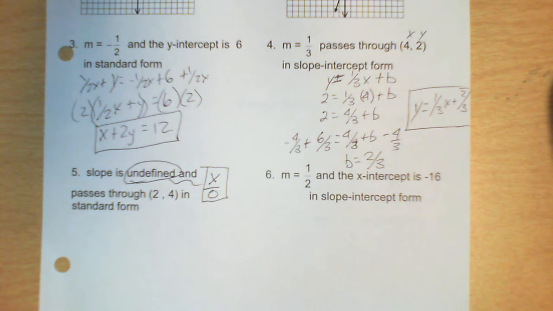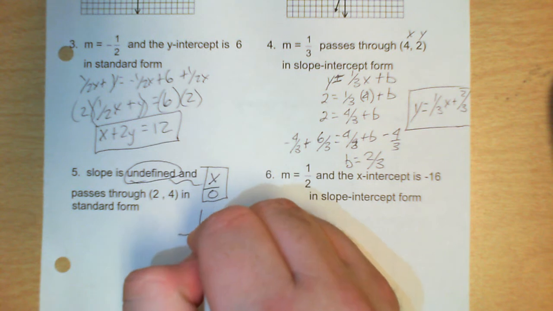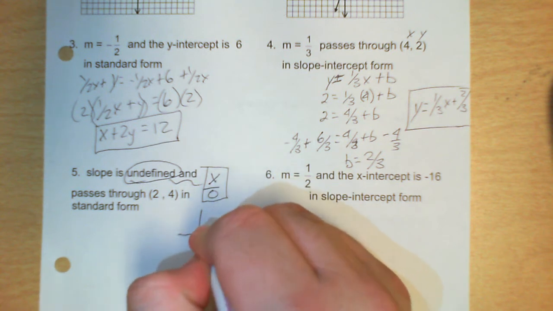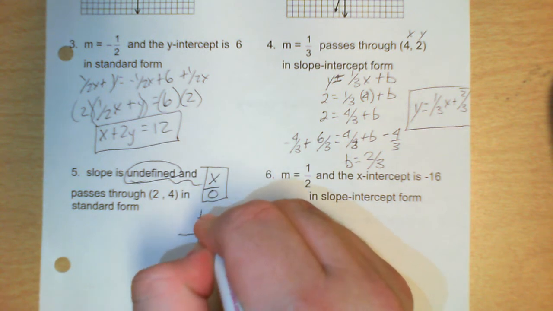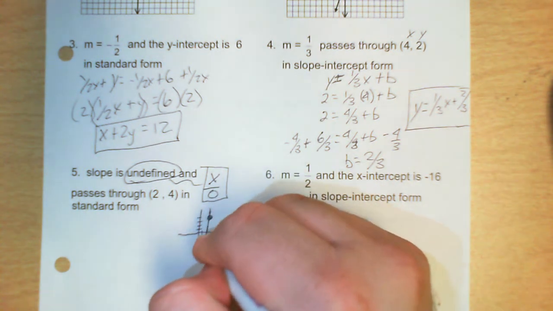So when I have a line that's undefined, is it a vertical or horizontal line? Vertical. Very good. So for example, if I were to graph it, I would go over 2 and up 1, 2, 3, 4. My line that's undefined would be like this.